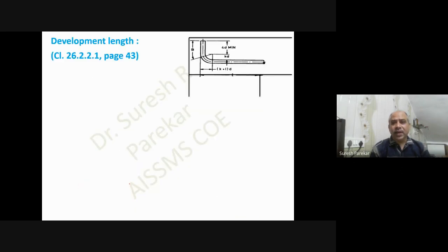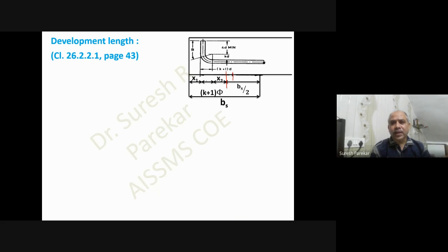Now if I take a 90-degree bend, then we have to find the value from the center of the support. Here we have this value x2, from the center of the support, bs by 2.